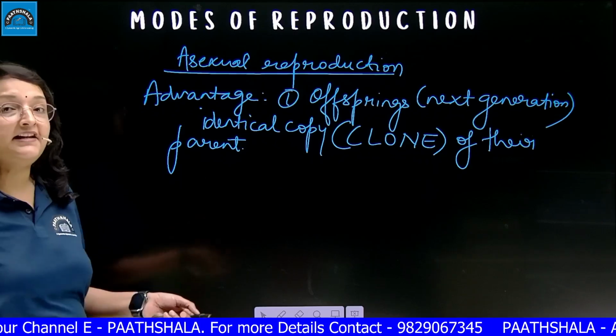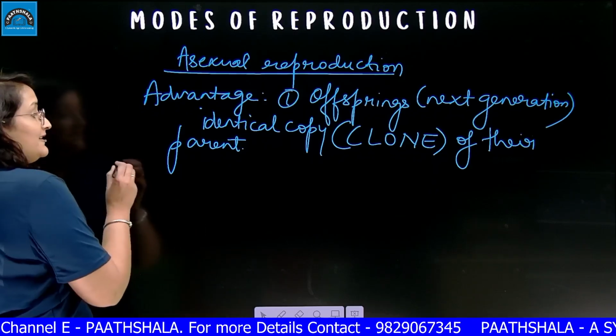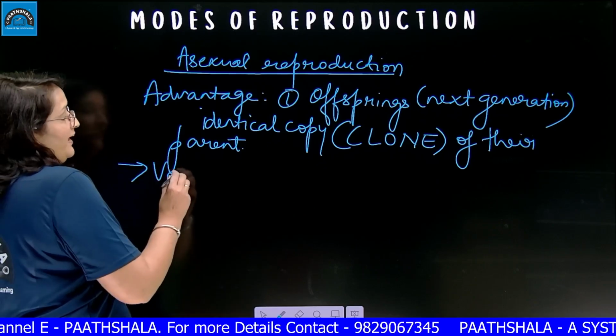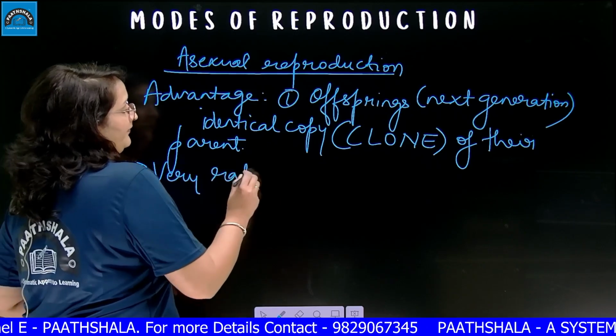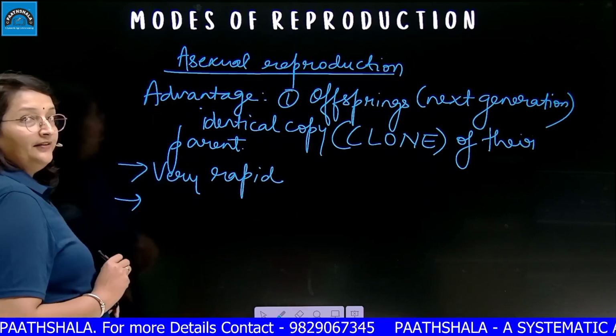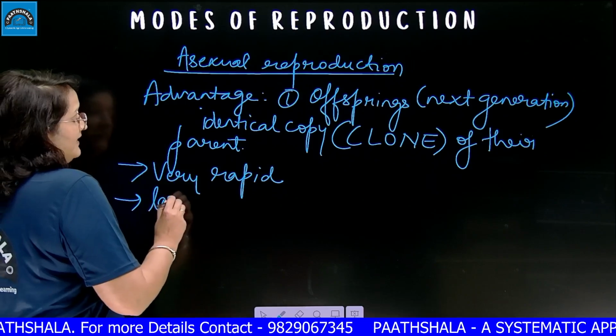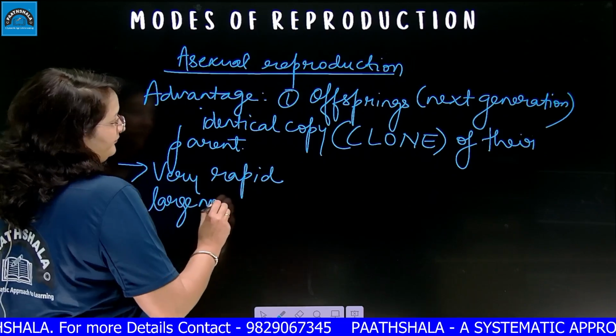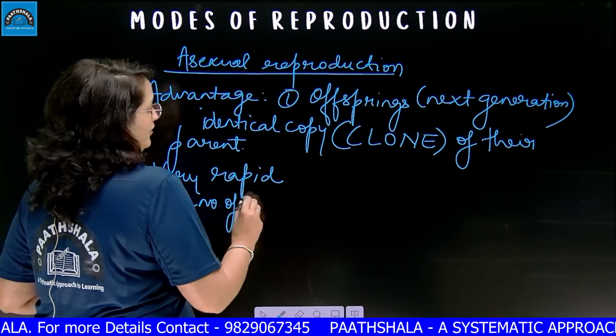So there is no variation at all. This asexual reproduction is very rapid, right? Asexual reproduction gives a large number of offspring.